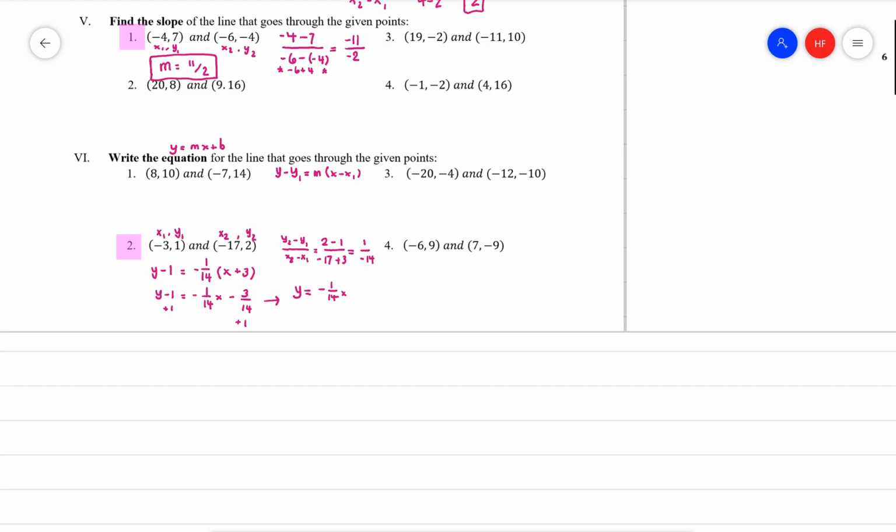And then negative 3 over 14 plus 1 would be, I want to say positive 11 over 14. And that's our equation.